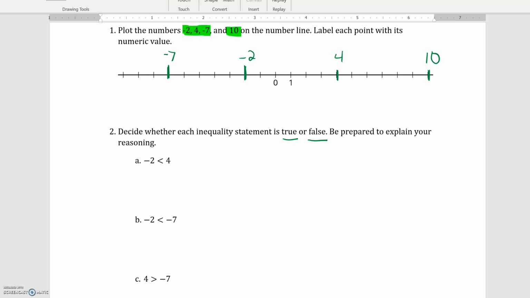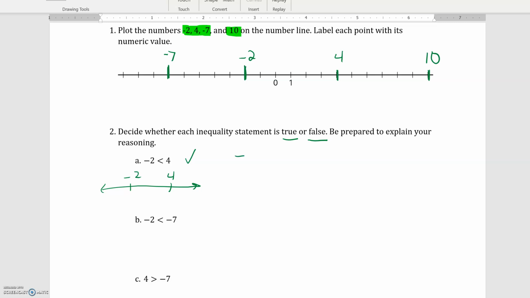So I'm going to check and see my number line, and I see on my number line, we'll do a quick sketch of where I see negative 2 is to the left of 4. Therefore, it should be less. So this should be true because negative 2 is less than 4.